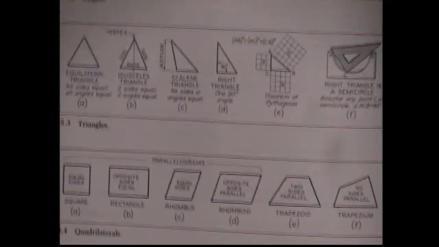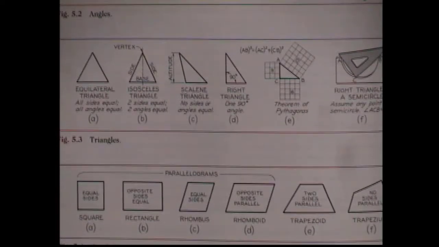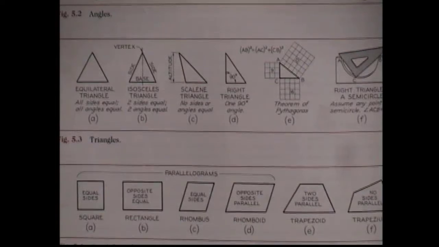Then we're looking at our triangles. Equilateral triangle, they are equal on all sides. Okay? That's important. If they're equal on all sides, then what are their angles? Their angles are 60 degrees, and the angles are equal, and the sides are equal.